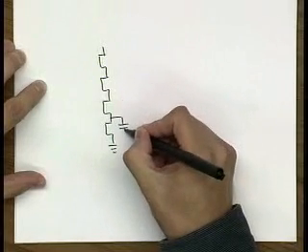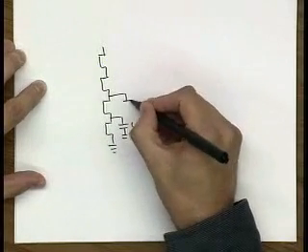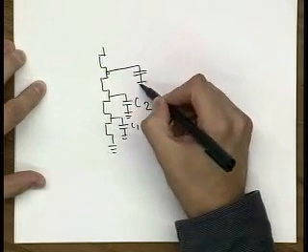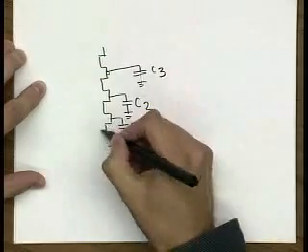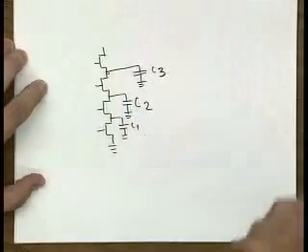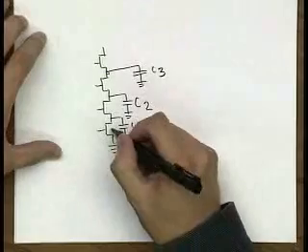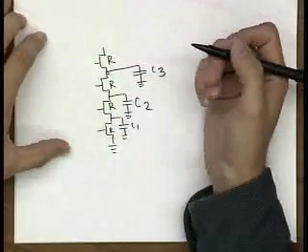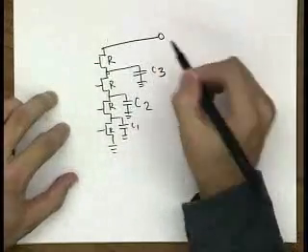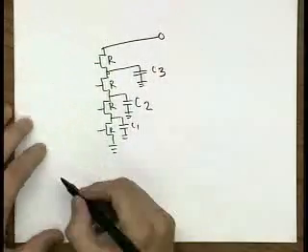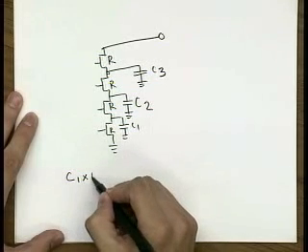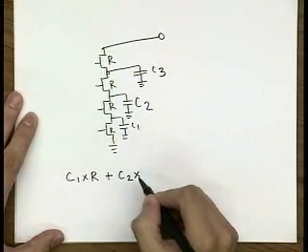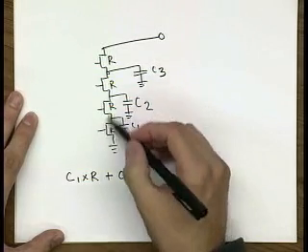So we have intrinsic capacitance C1, C2, and C3. Let's now assume, as Peter just pointed out, that all the transistors are the same size. What would be my Elmore delay to this point? So what does C1 see? C1 times only R, plus C2 times what do I see?